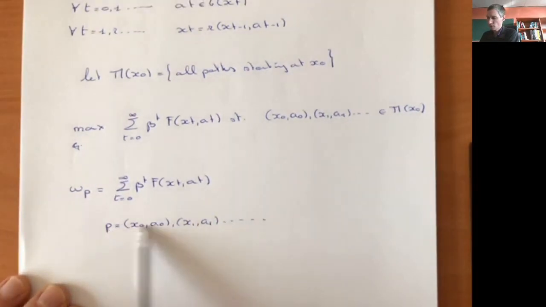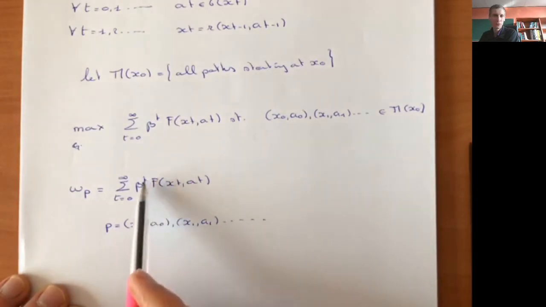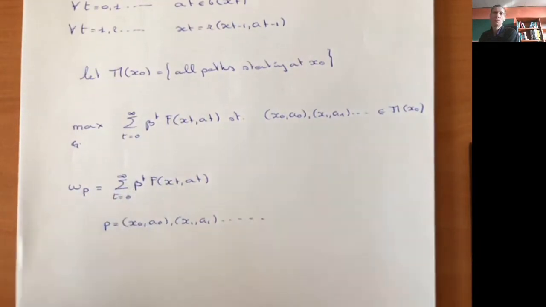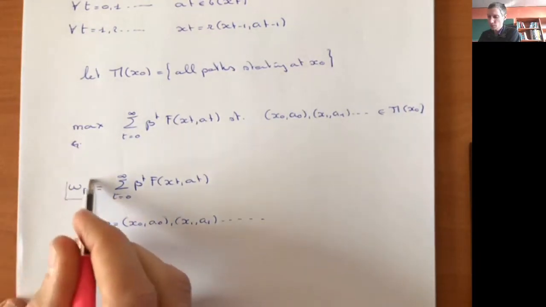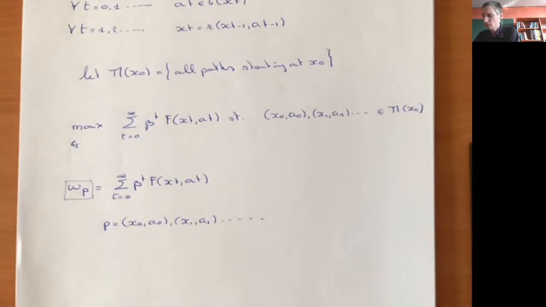Okay, so for this path we can plug it in here into this objective function, and normally we hope to get a number out of this, and let me call this number W of P. Okay, that's the convention. So now I can write my infinite horizon dynamic optimization problem in a very short way. Basically, I'm looking for the path that's feasible and that maximizes W of P.